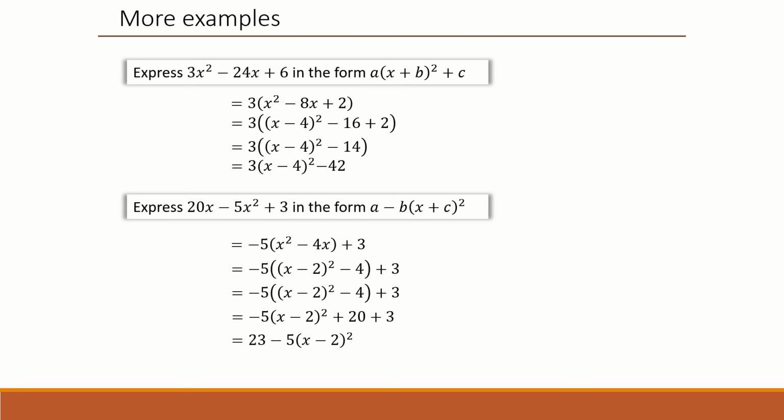What I've done here is not taken out a factor of 5 from the 3, as this would give us fractions, which does make it a bit trickier. However, this is A-level maths, and tricky is the norm, which should give you the answer 23 − 5(x − 2)².